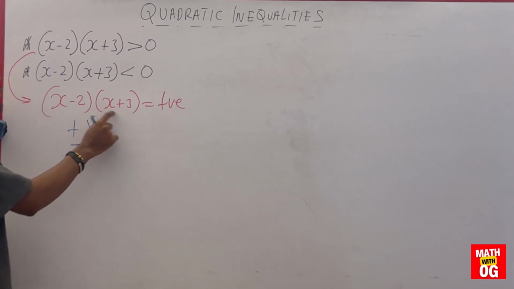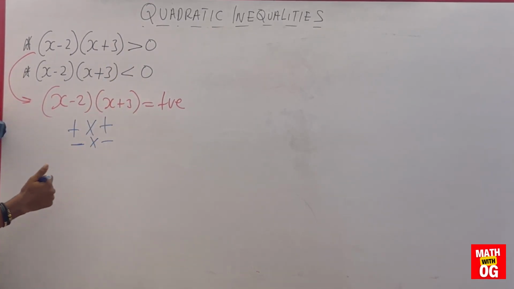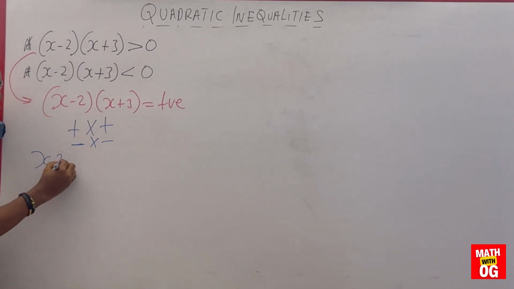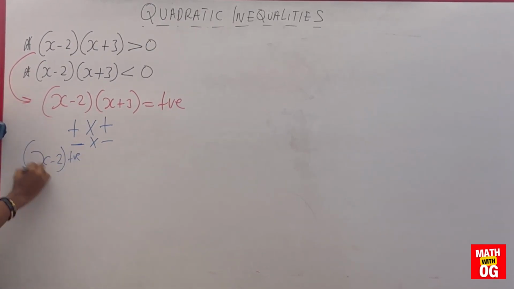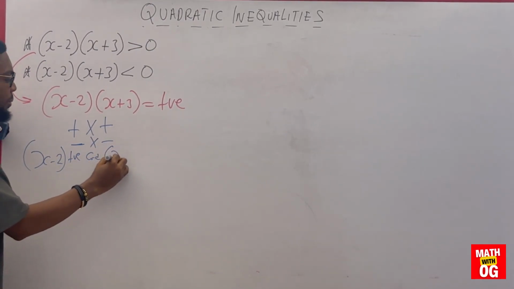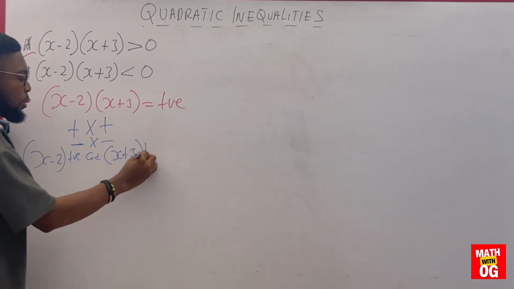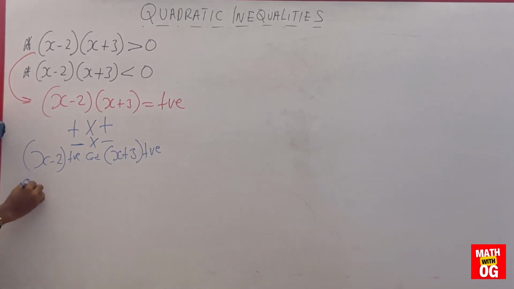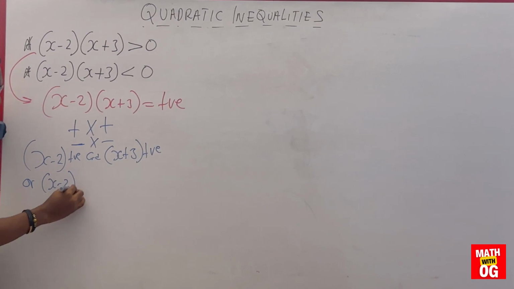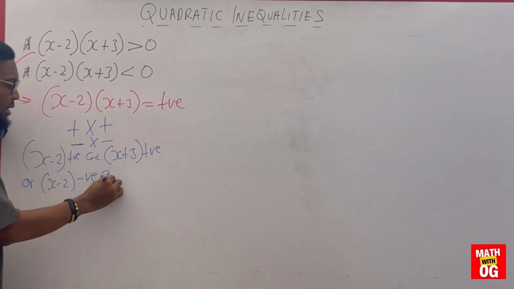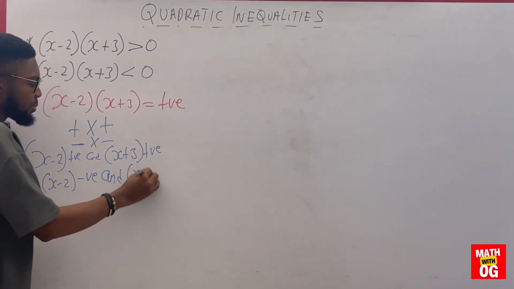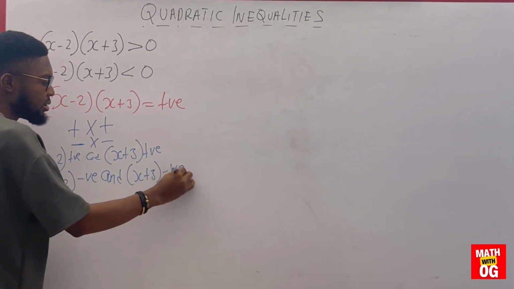So for the product of these two guys to be greater than 0, it is either x minus 2 is positive and at the same time x plus 3 is also positive, or x minus 2 is negative and at the same time x plus 3 is negative.